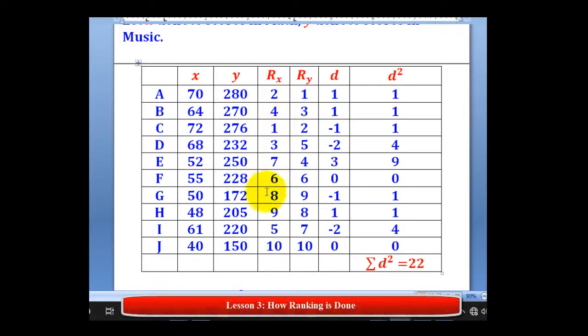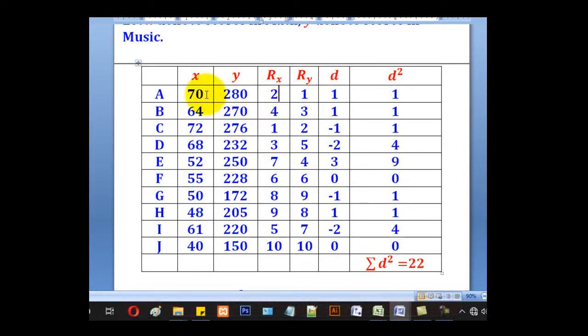Highest value is given the first position. This is 72, which is the highest, followed by 70, followed by 68, then 64, then 61, and so on up to rank 10.